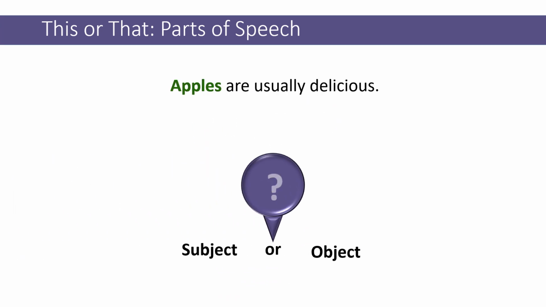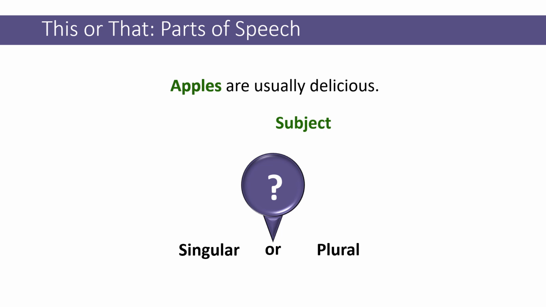Another one. Apples are usually delicious. Is this a subject or an object? So we're asking a different question here. Remember that a subject comes before the verb. In general, an object comes after the verb. So in this one, this is a subject. Then we have to ask ourselves, is this singular or plural?